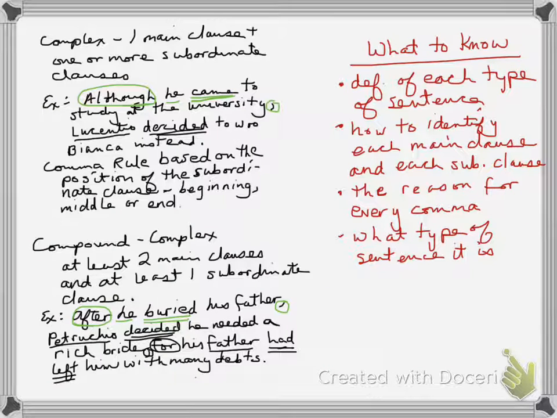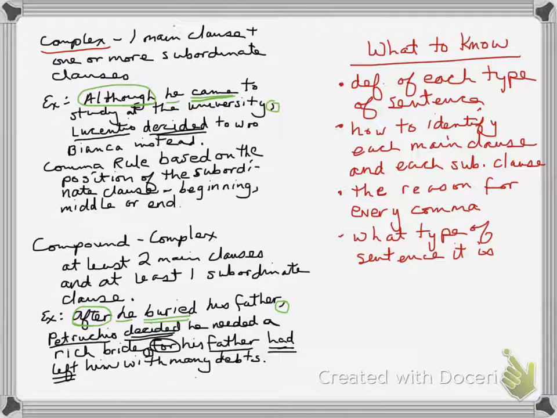The third kind of sentence is the complex sentence. It has one main clause. If it had two main clauses, it would not be complex. It has one main clause and one or more subordinate clauses. An example, although he came to study at the university, comma, Lucentio decided to woo Bianca instead.